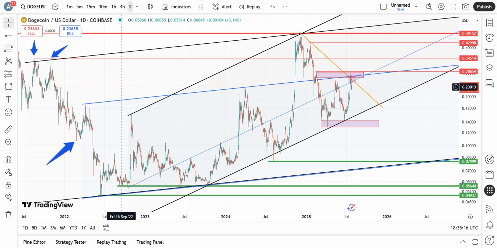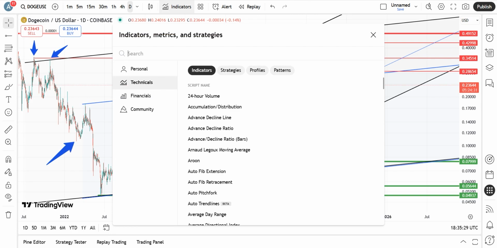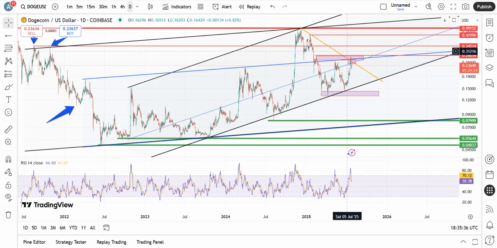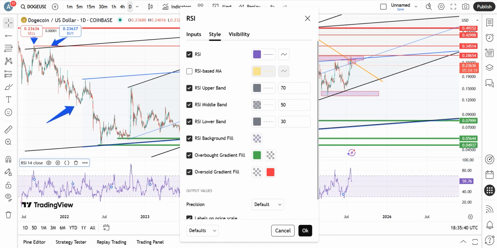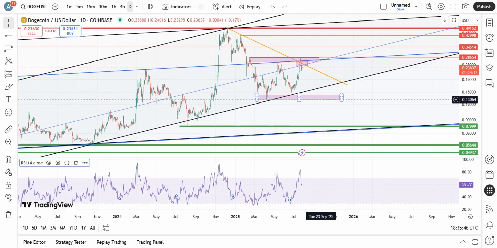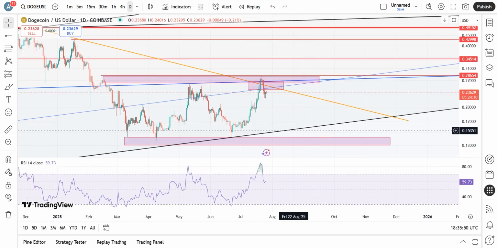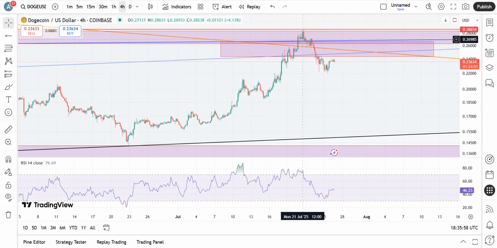What I see is, let's bring out also some indicators this time, the RSI indicator, and let's make it cleaner. I saw before, when I was earlier looking at the chart, that we have two pivots.